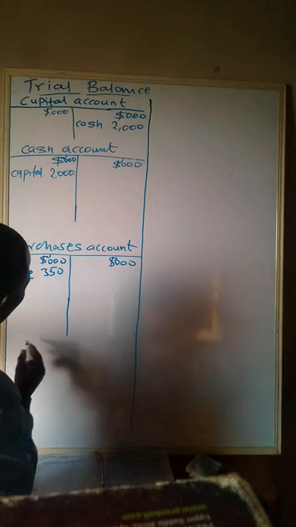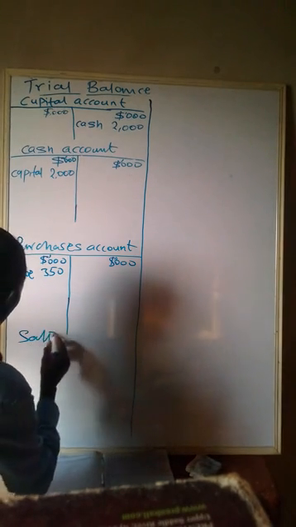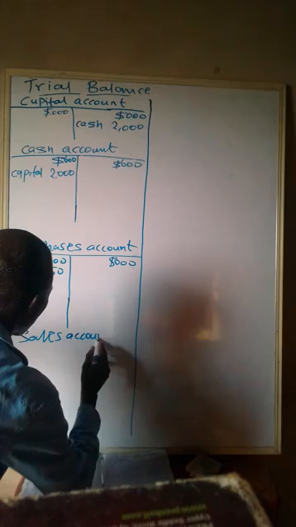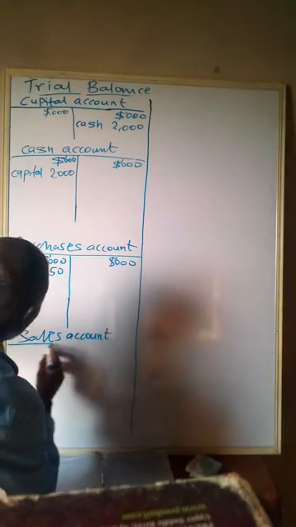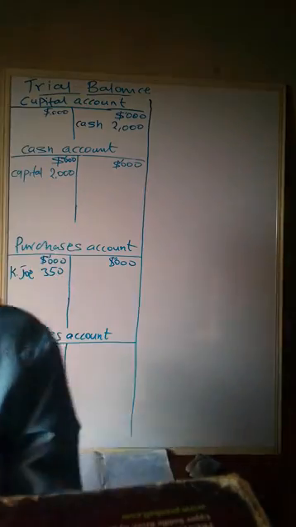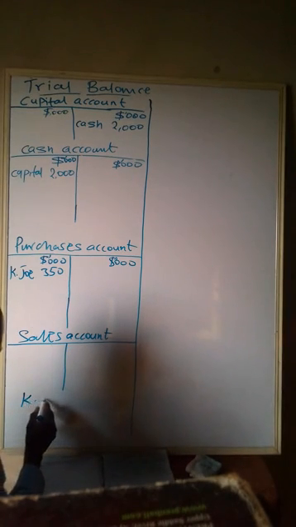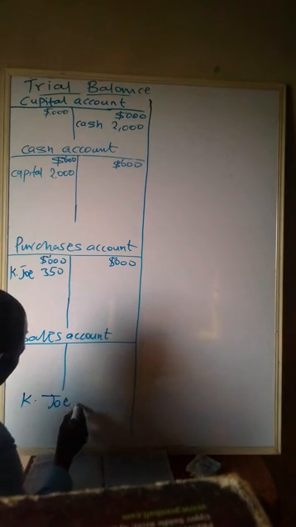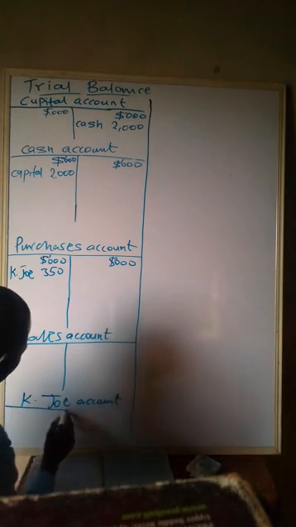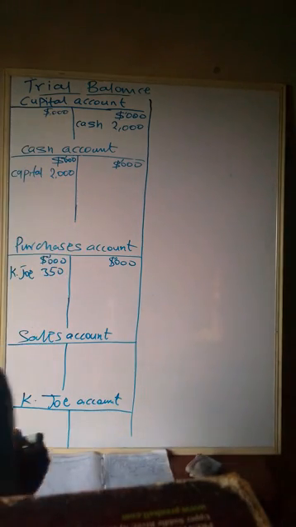Let me put sales here also, the sales account. Then let me put K. Joe here. The K. Joe account is so small.